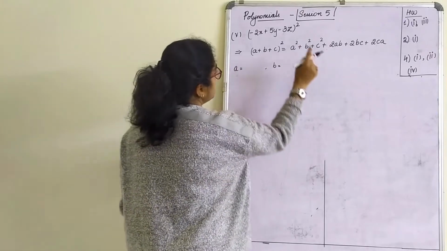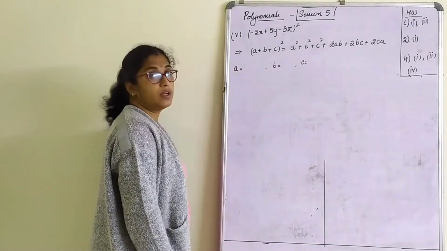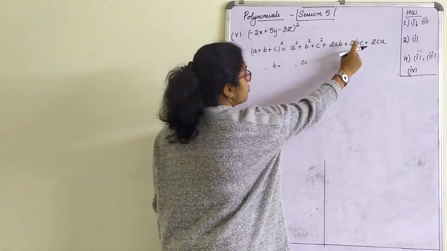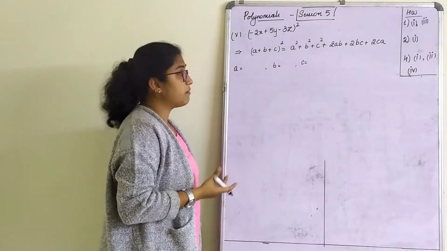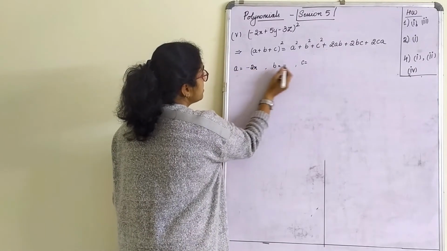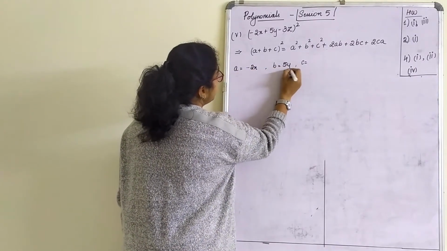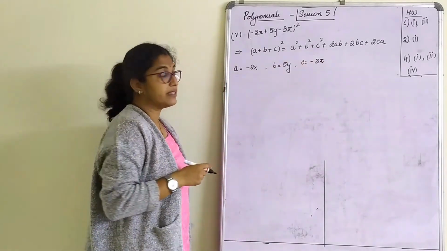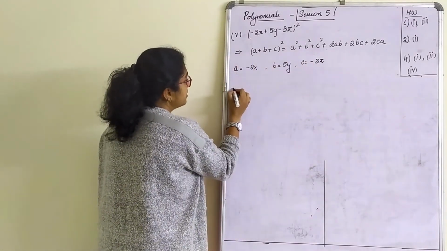This is of the form a plus b plus c whole square is equal to a square plus b square plus c square plus 2ab plus 2bc plus 2ca. Same as previous one, where a is equal to minus 2x, b is equal to 5y, c is equal to minus 3z. I have 2 negative signs here. Let's again start.